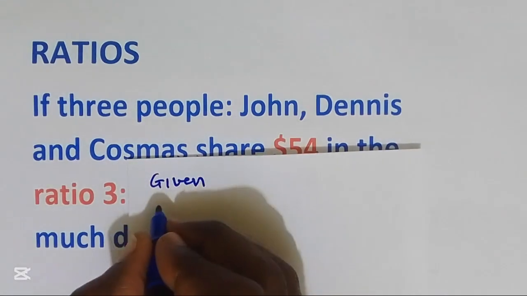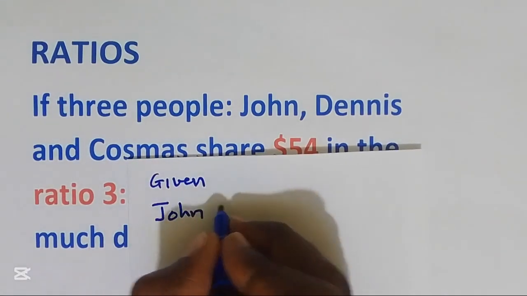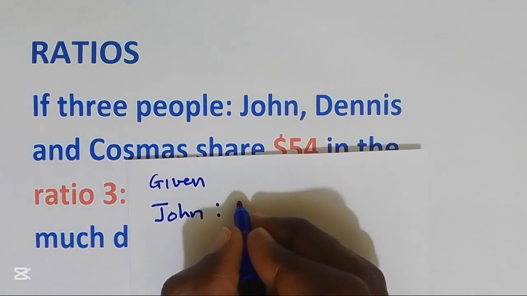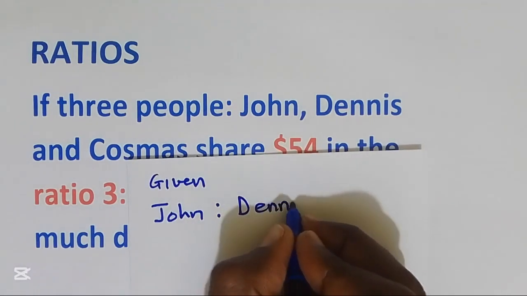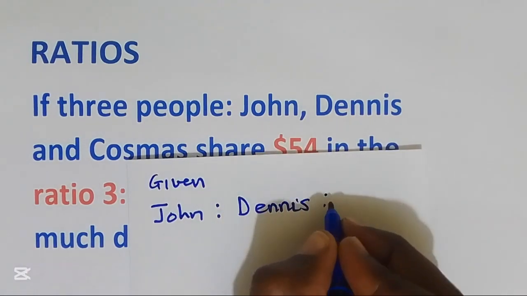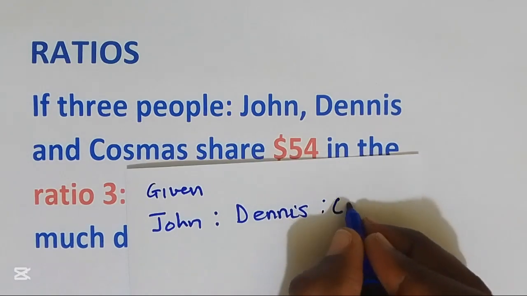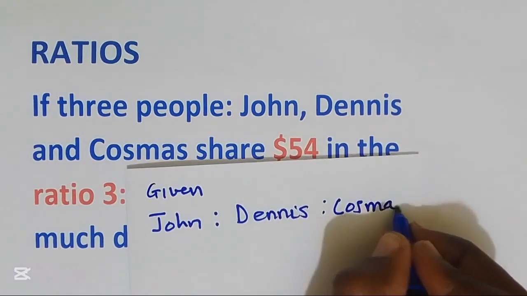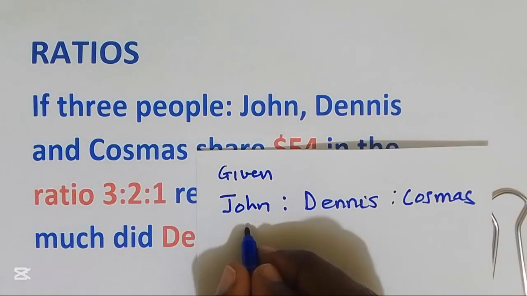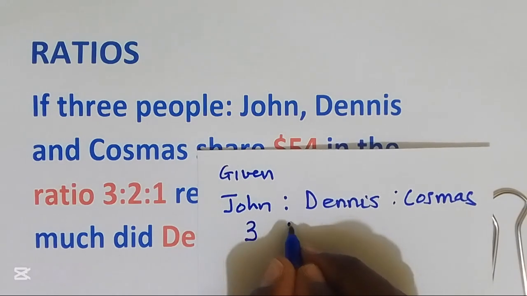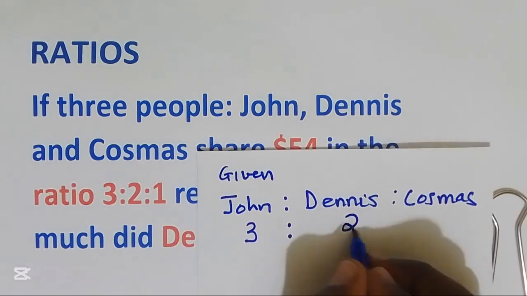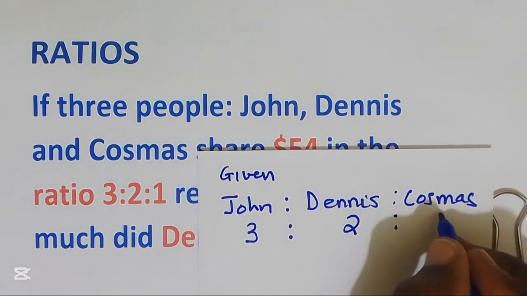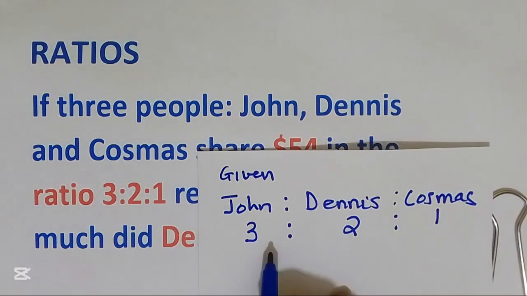Given John ratio Dennis ratio Cosmas is equal to 3:2:1 respectively.